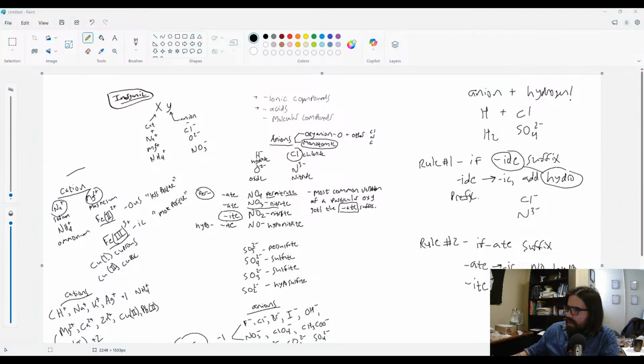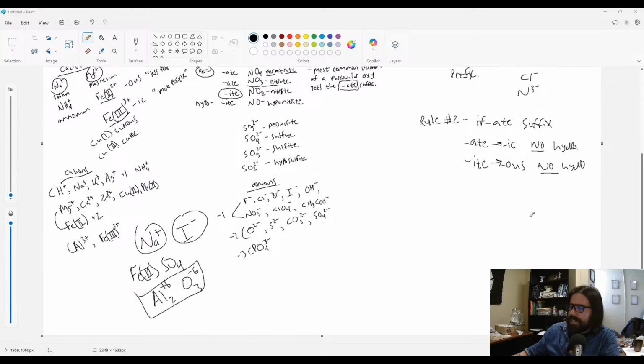Now, the last one that I wanted to talk about just briefly is going to be non-ionic binary molecules. So these are just molecular compounds. Now, in this, there's a couple of different rules.